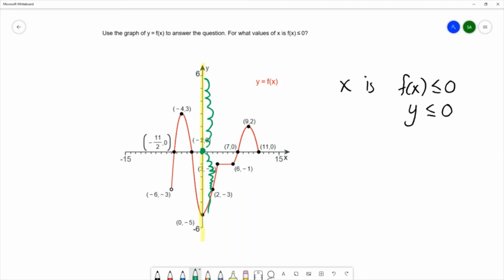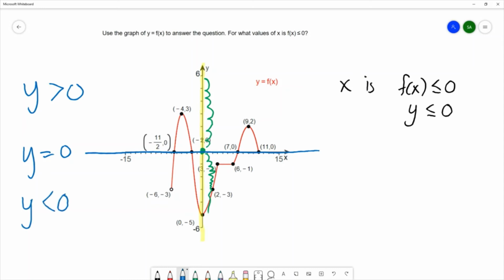So when we look at this picture, we kind of use our x-axis as a divider. That's where y equals 0. When we look above the x-axis, that's when y is greater than 0. And when we look below the x-axis, that's when y is less than 0.